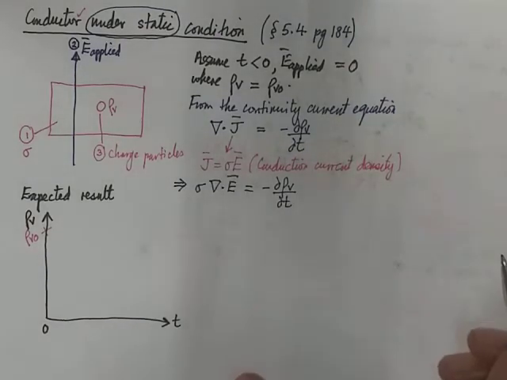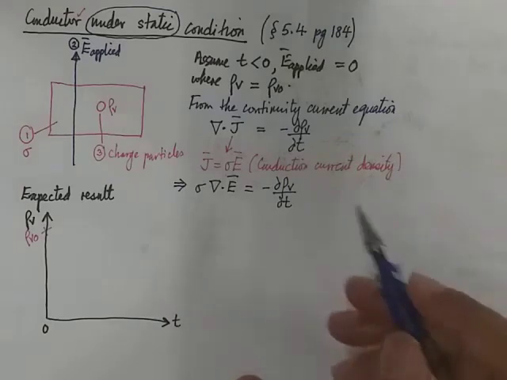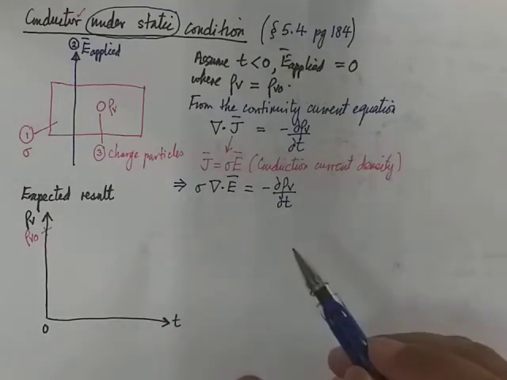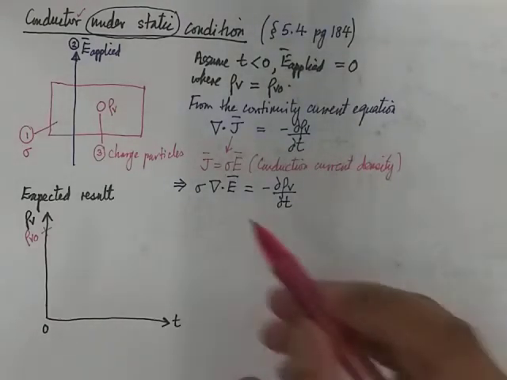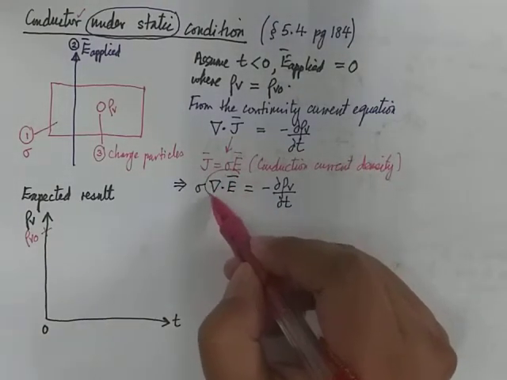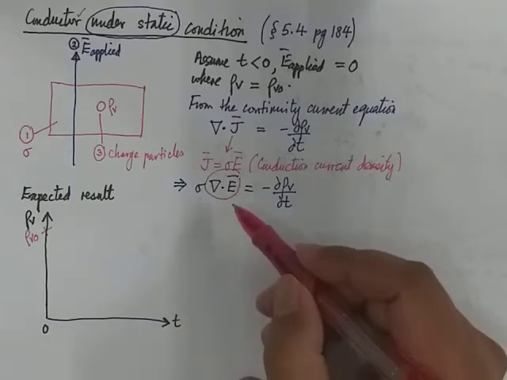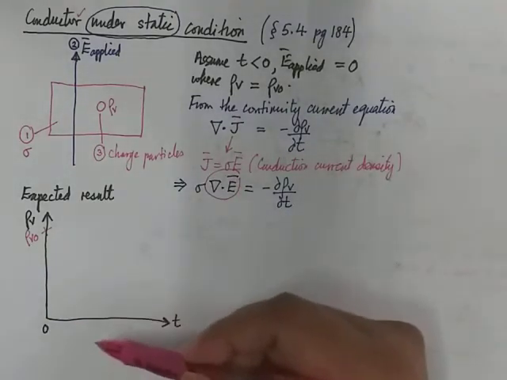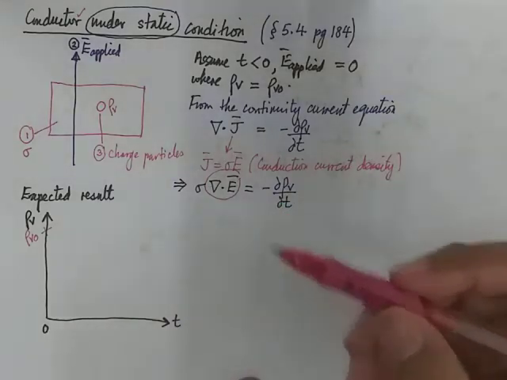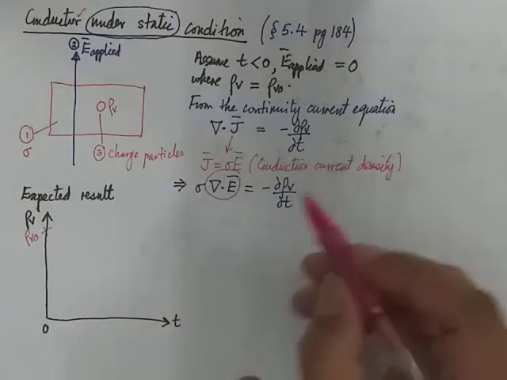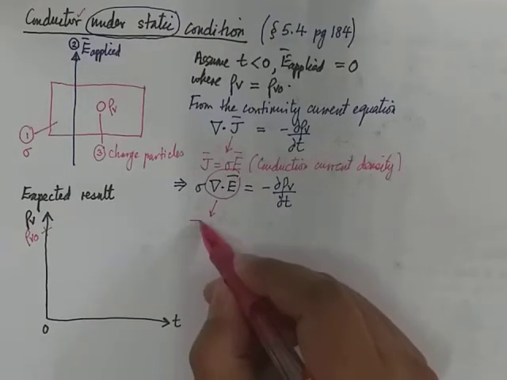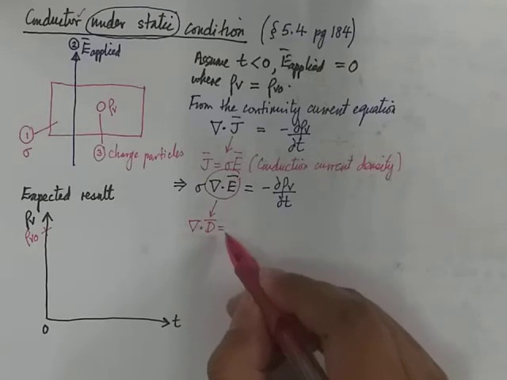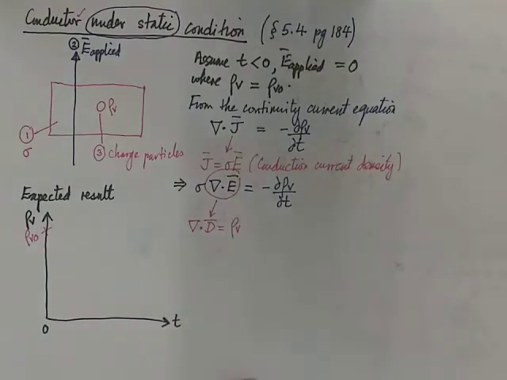So, have we successfully converted the equation to only consist of rho v and t? The answer is no, because we can still see this term is in terms of electric field, which we cannot plot on this graph. So we need to convert that again using which equation now? Good. We also know the divergence of D equals what? Rho v. Remember that equation?